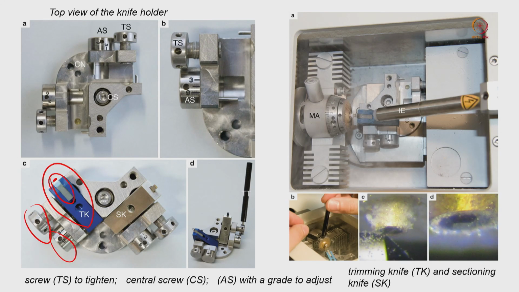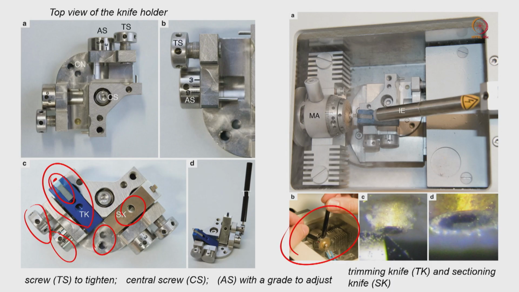When we are going to mount the sample and the knife, it should be placed in such a way that it can do the sectioning properly, and you can do lots of adjustment with the different screws. There are lots of positions that you can adjust. So, when you do the practical, you can focus on the role of the different screws and how we are tightening them.